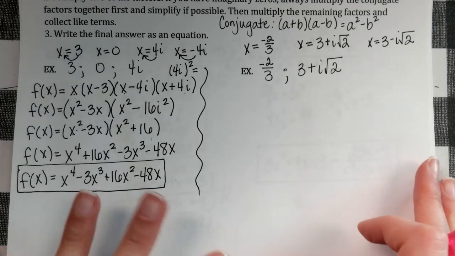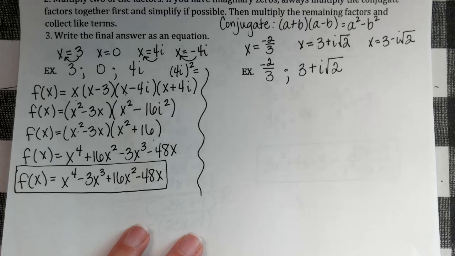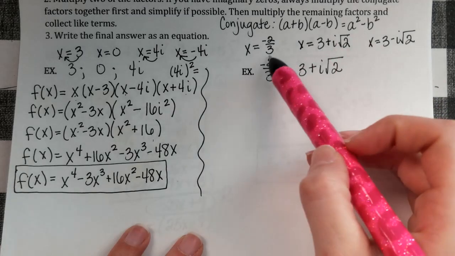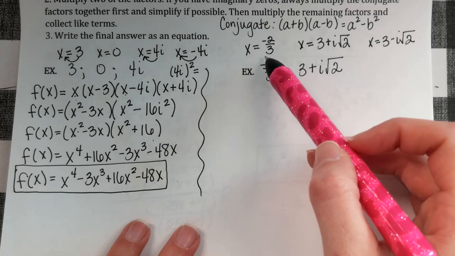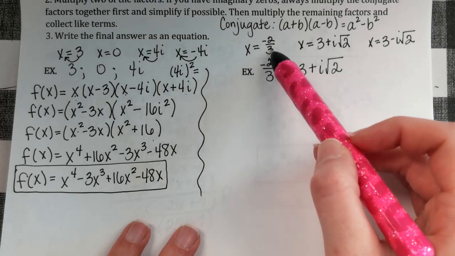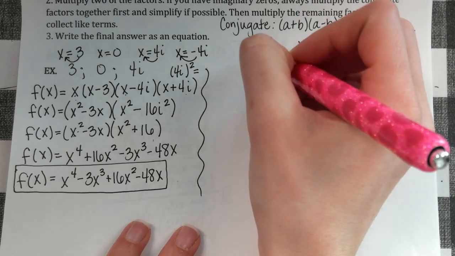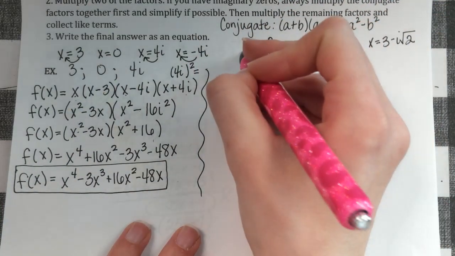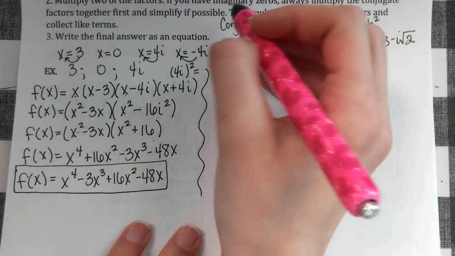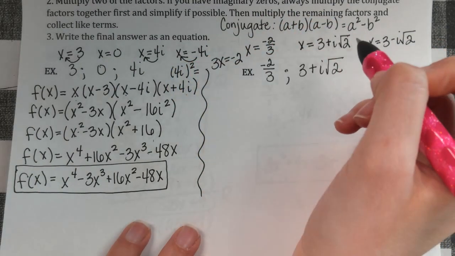Now, we cannot write factors as fractions. Okay? How do I get a fraction as a 0? What had to happen? You had an actual coefficient. Okay? So if I go in the opposite way, I would have to multiply both sides by 3, and that would give me 3x equals negative 2.